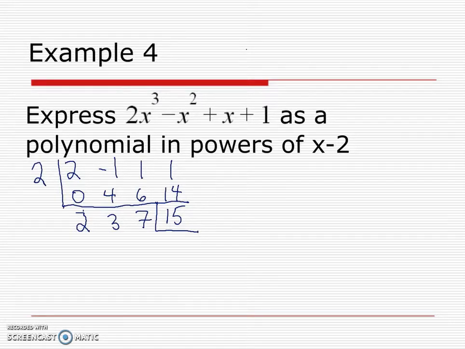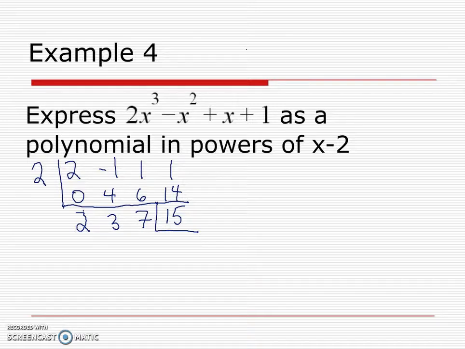Here we have a polynomial that is expressed in powers of x, where each term in the polynomial is a coefficient times a power of x, and we're being asked to rewrite this polynomial in terms of x minus 2. So what I want to do is convert this polynomial from powers of x to powers of x minus 2, so that each term in the polynomial is a coefficient times the quantity x minus 2 to a power, right?